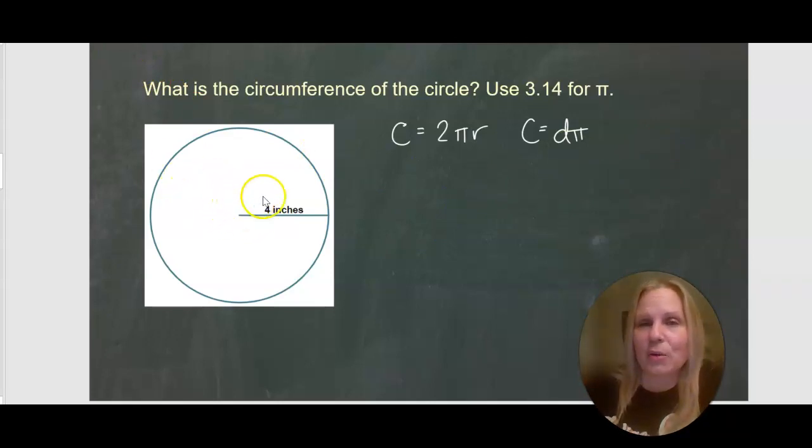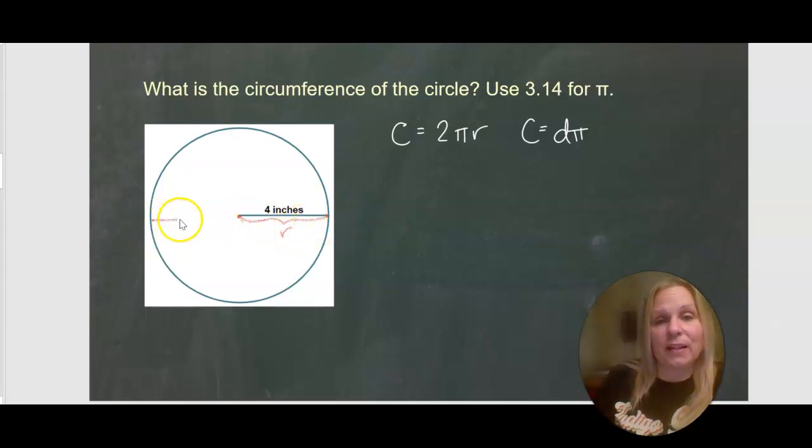But you may already know from 6th grade or even elementary school that what we're looking at right here, which goes halfway across the circle from the center point to the edge of the circle, is the radius. If you double that, this is another radius over here.